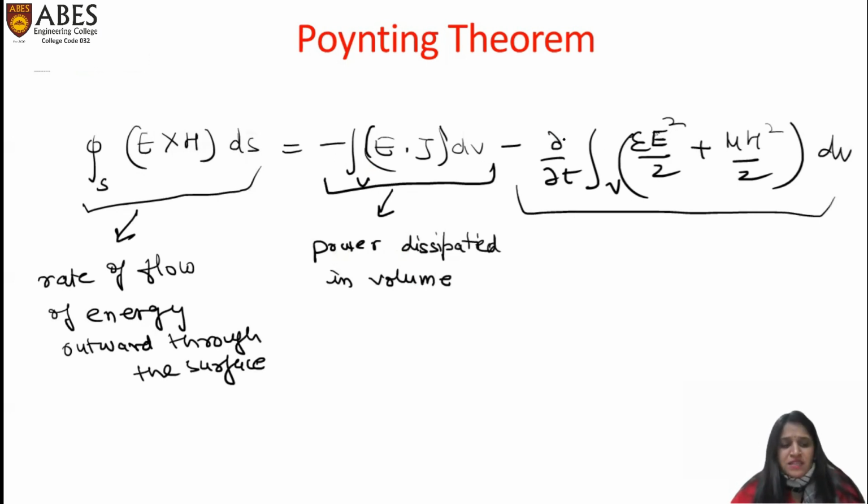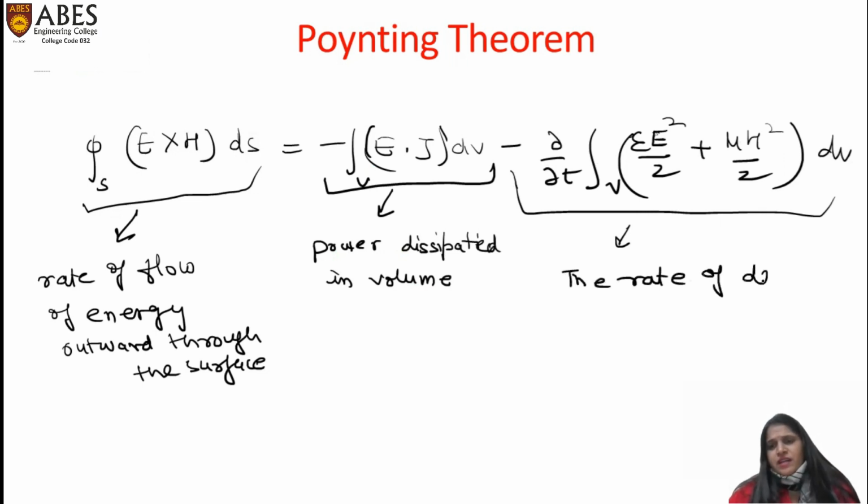So minus del by del T represents the rate at which stored energy is decreasing, because it is a minus sign, over a volume. So what does this third term represent? It represents the rate of decrease of stored energy.